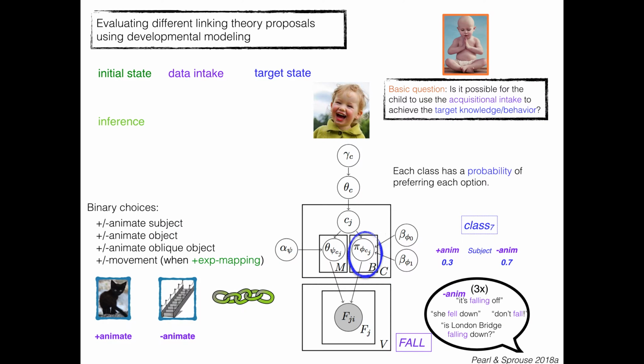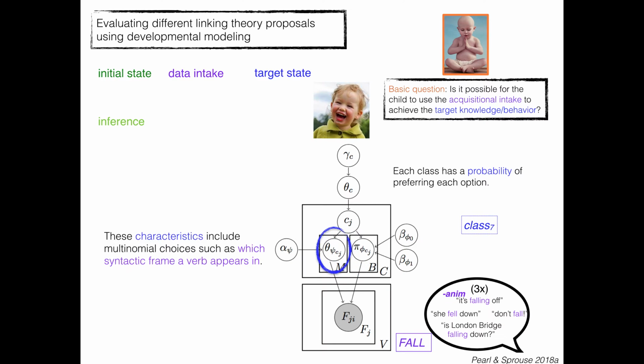And the binary choices that our learners are going to be tracking are the animacy of the subject, the object, and the oblique object, and when you expect a mapping already, if there's movement or not, right? That's your binary choice. Then, these characteristics also include multinomial options, such as which syntactic frame, what's the distribution across syntactic frames that a verb appears in, right?